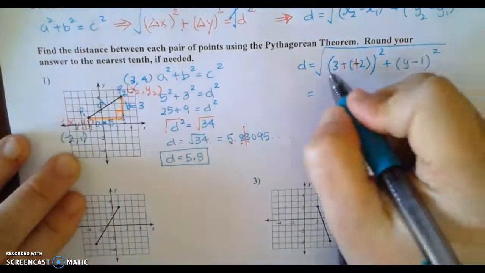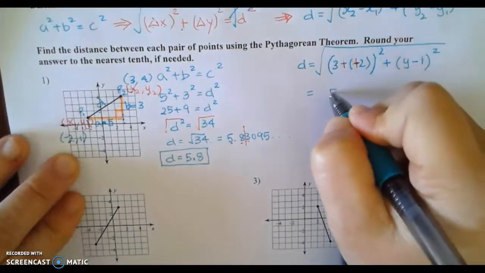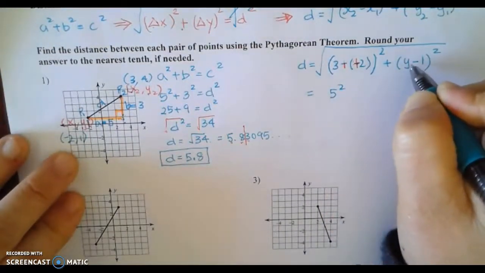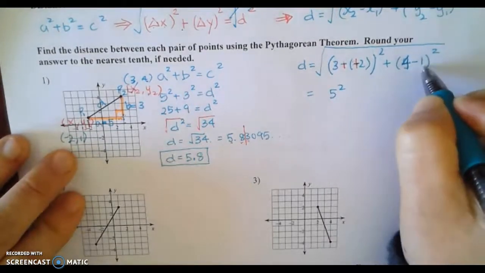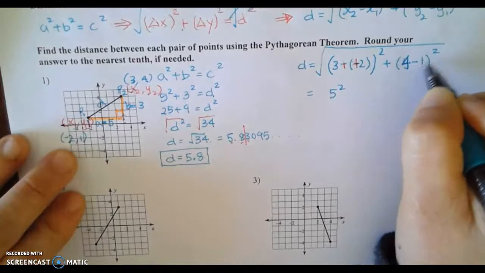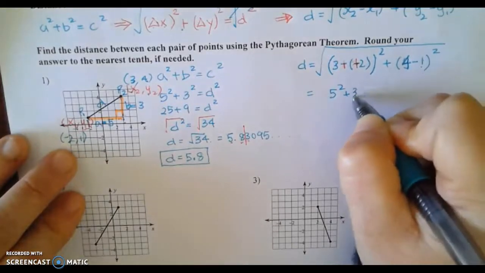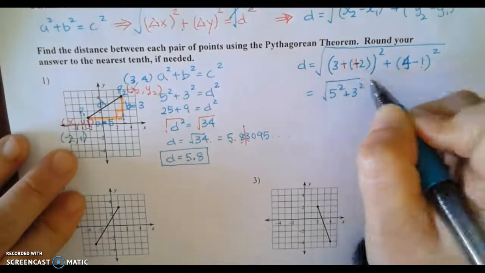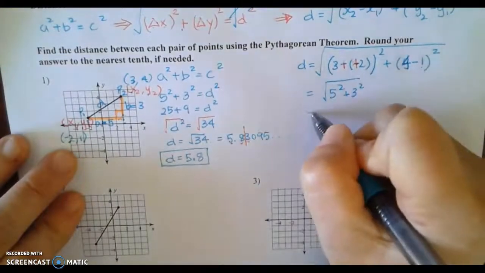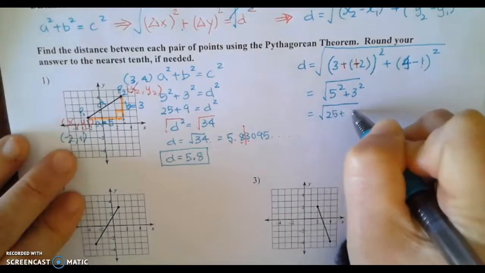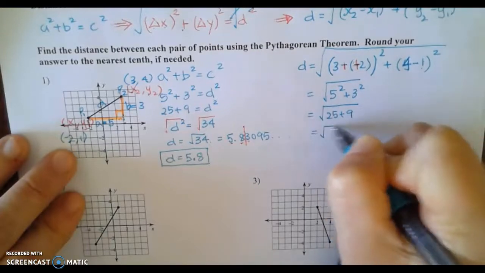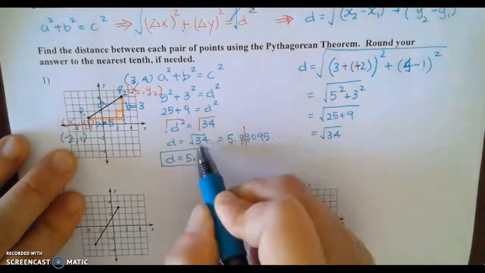So that becomes 3 plus 2 is 5 squared. Okay, y was 4, my mistake. 4 minus 1 is 3, and 3 squared, plus 5 squared, and take a square root of that. And that's going to be square root of 25 plus 9, which is square root of 34. And that's exactly what we had.